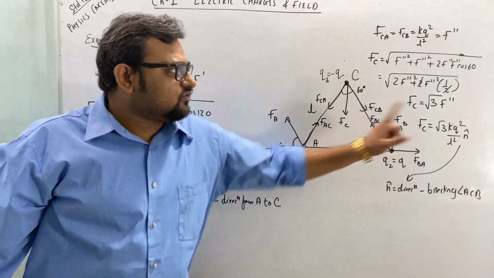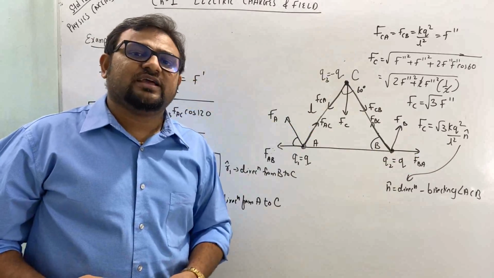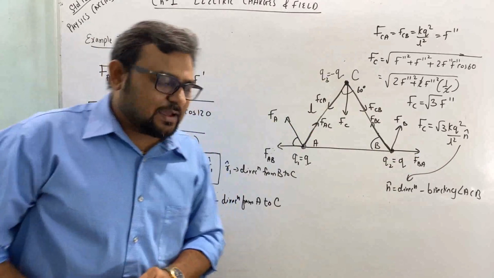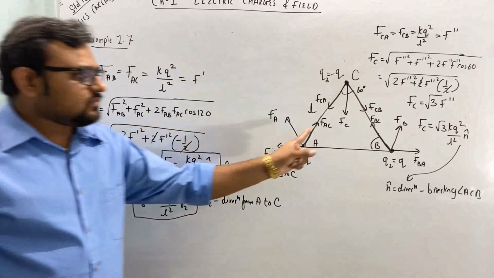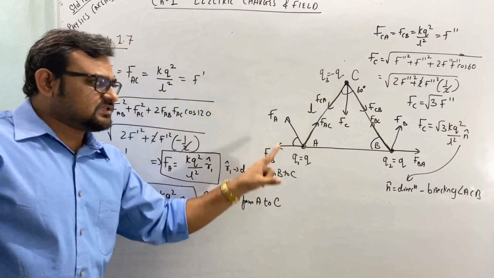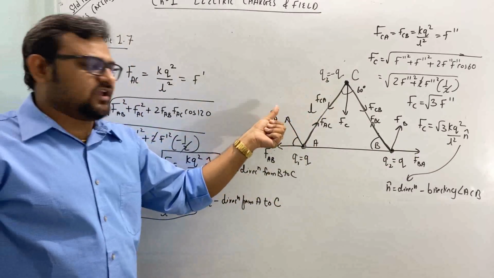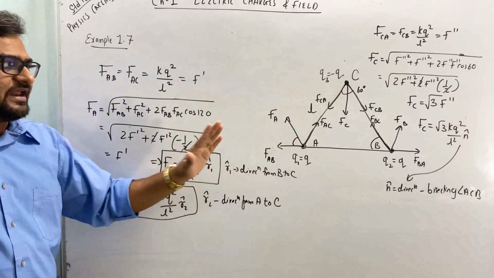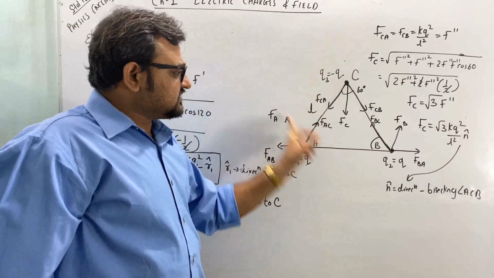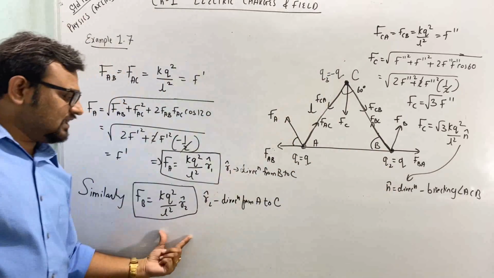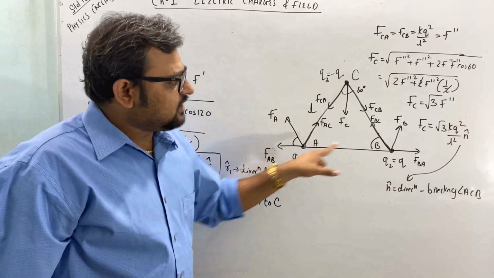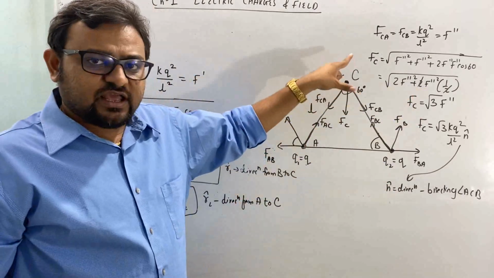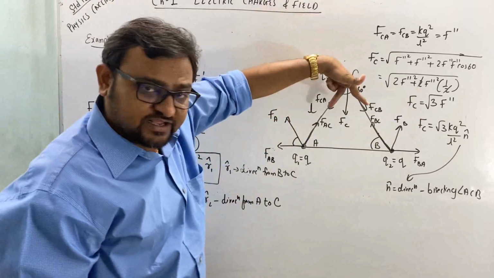Clear? So this is about the force acting on C. I'm repeating once again. On A, repulsion, attraction, resultant FA. Using this, we get KQ square by L square into R1. Direction is from B to C. Similarly, the same way here, it's from A to C. But when it is for C, both are attraction.